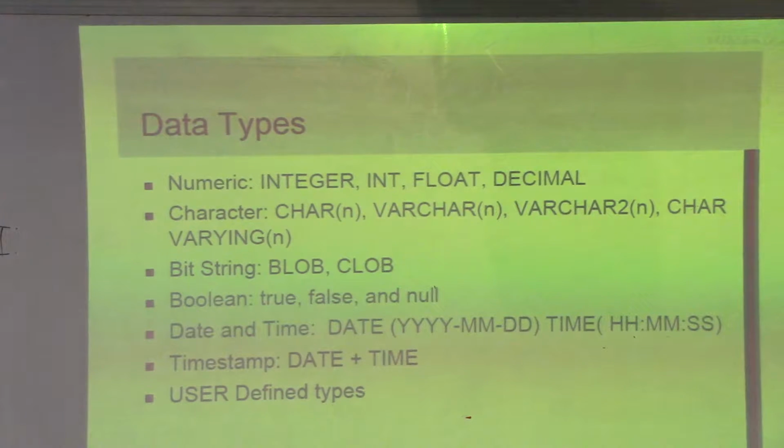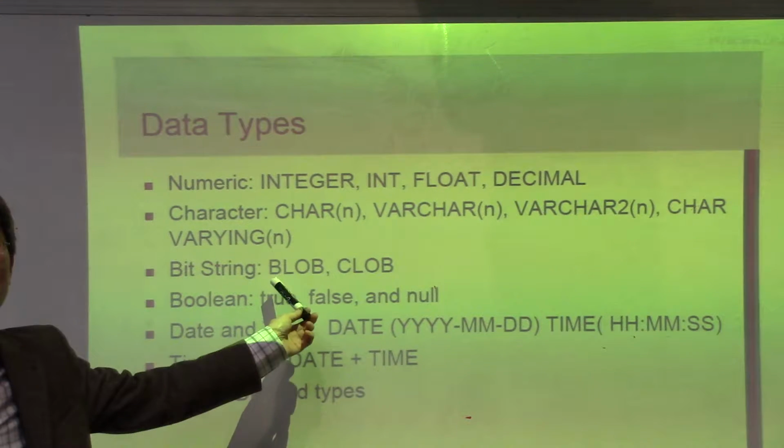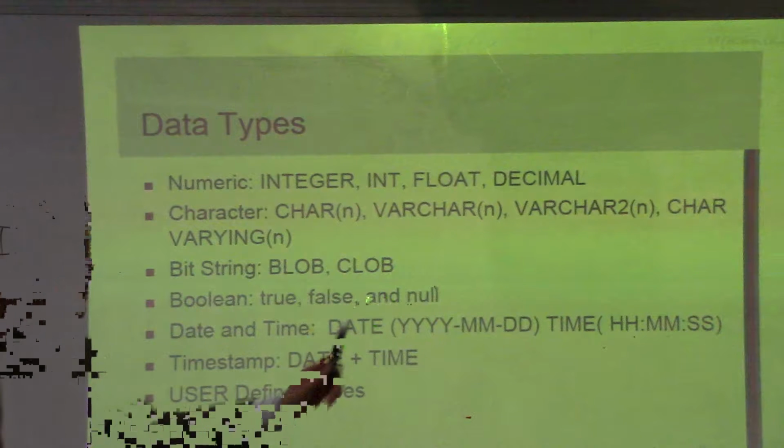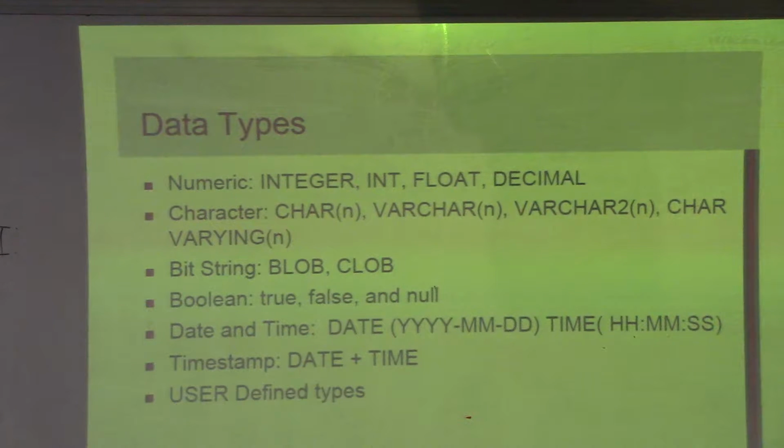Okay, it's a kind of chunk. And we have the Boolean, true or false, but in database we have one more. That is null, which is different from other programming languages. So keep in mind: true or false and null. Null means doesn't exist.